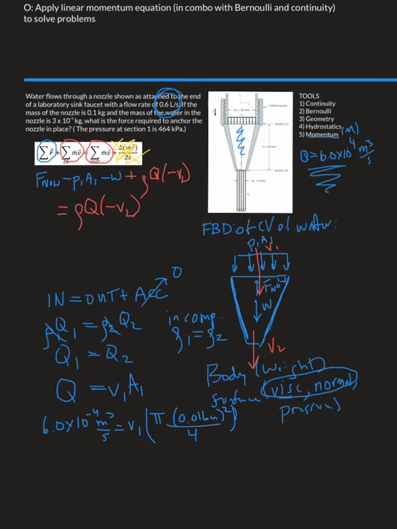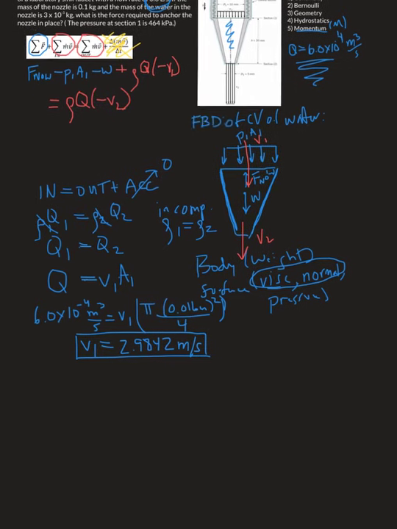If we solve that, V1 equals 2.9842 meters per second. Note that I always keep 5 significant digits throughout the problem, and then I'll report 3 at the end.